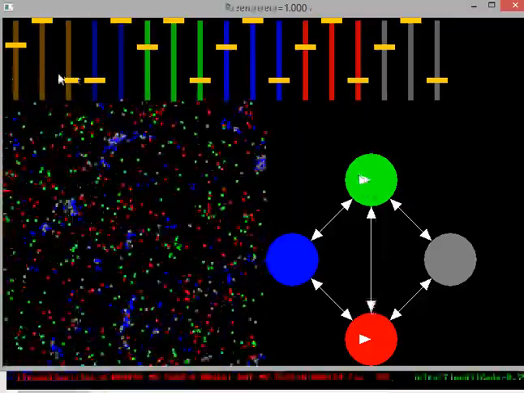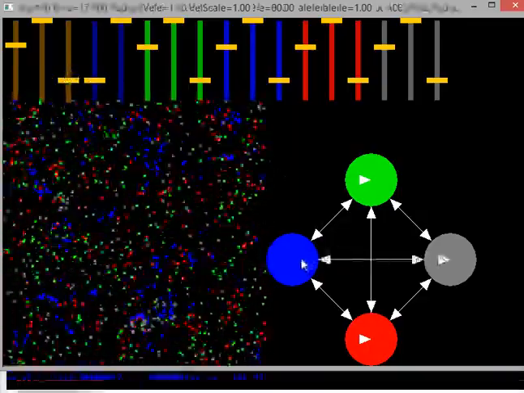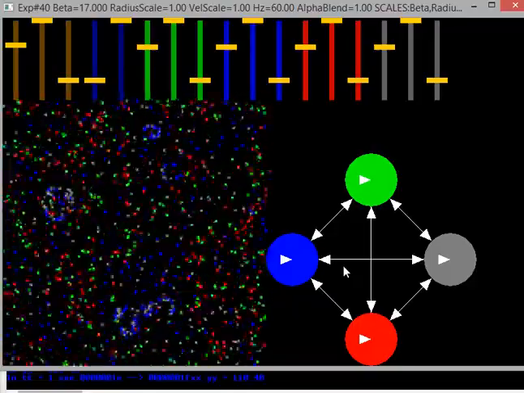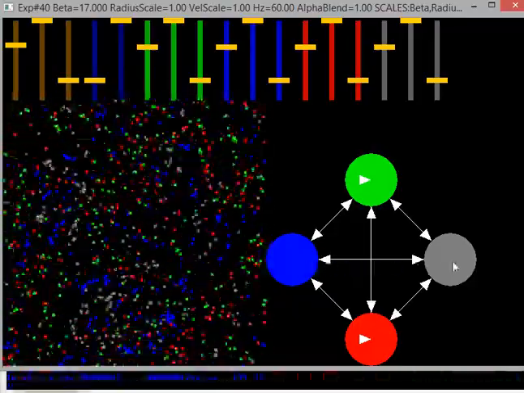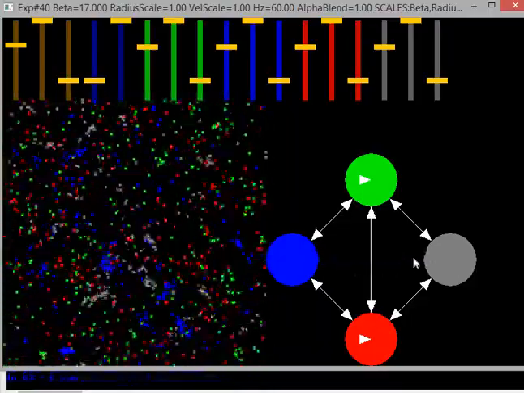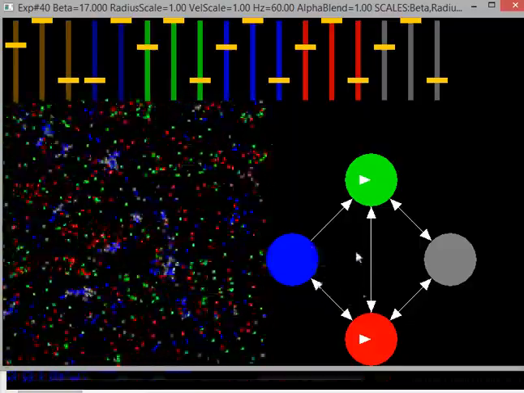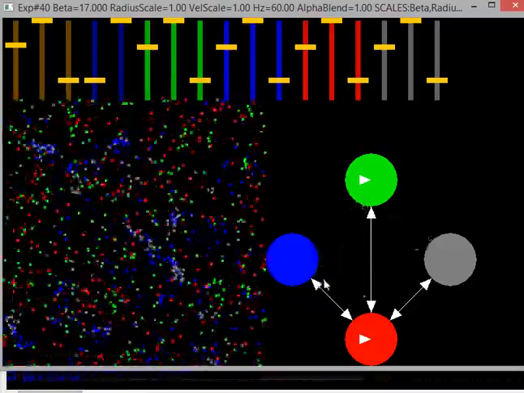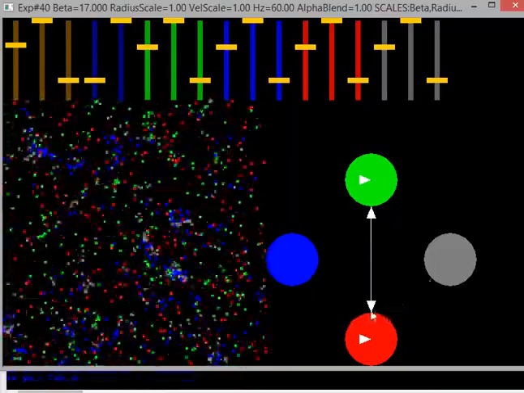Let's go back to normal. Okay, now green and red have to react.